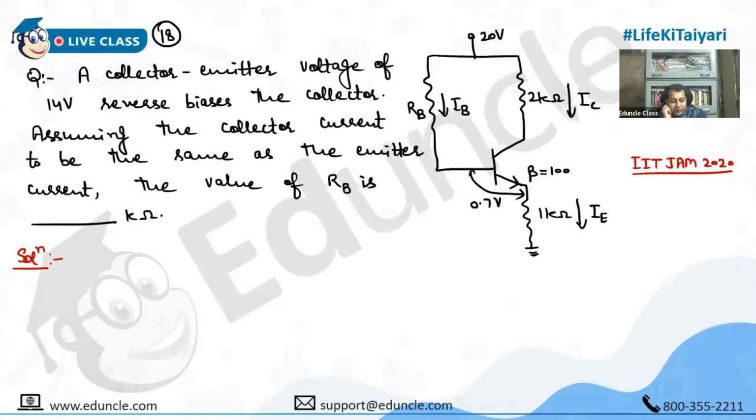VBE is 0.7, VCE is 14 volt. So you can directly calculate IC and hence IE, na? And with the help of that, I think we can get RB.